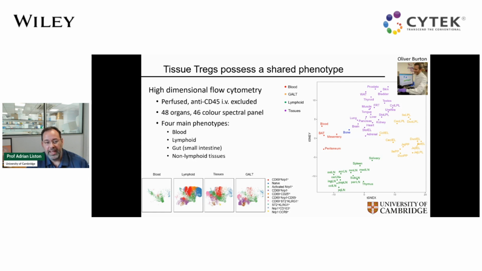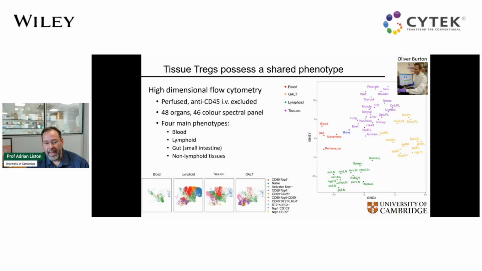We've collected 48 different colors, and we can also exclude any vascular contamination by giving an intravenous injection of anti-CD45 and then having that as an additional color. This is a 46 color spectral panel, and essentially we can phenotype at a single cell level through high dimensional flow cytometry the Tregs present across multiple different organs.